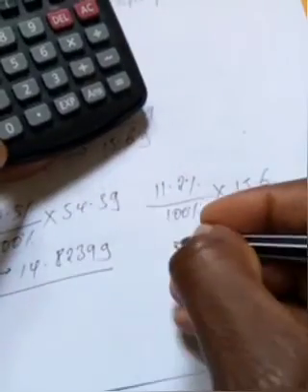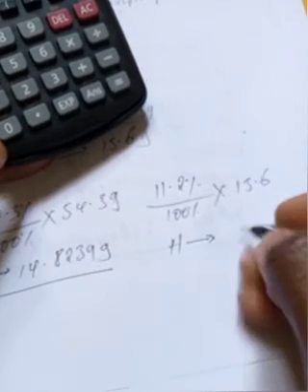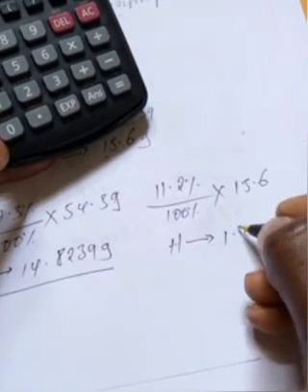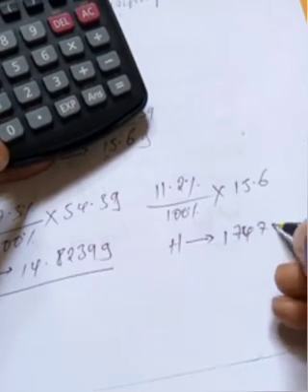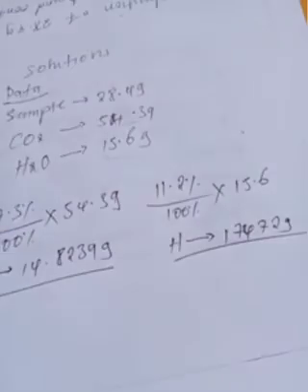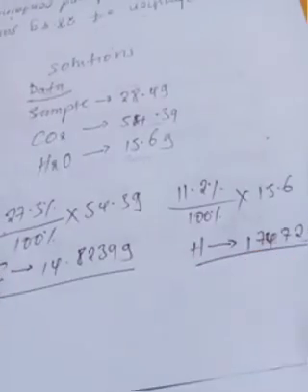So we are getting the mass of hydrogen as 1.7472 grams.